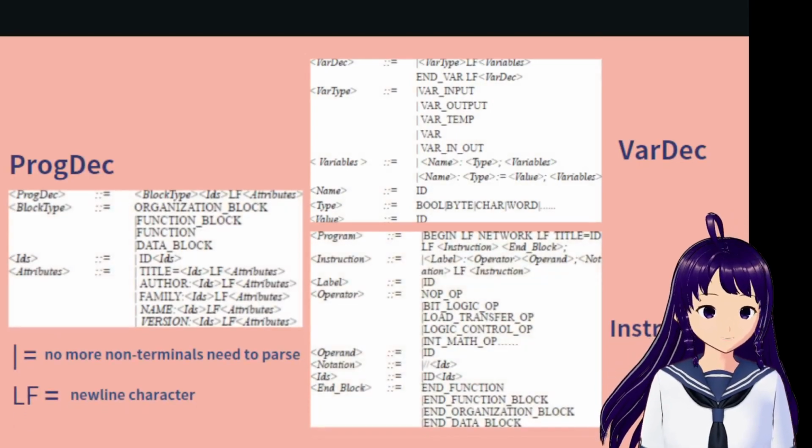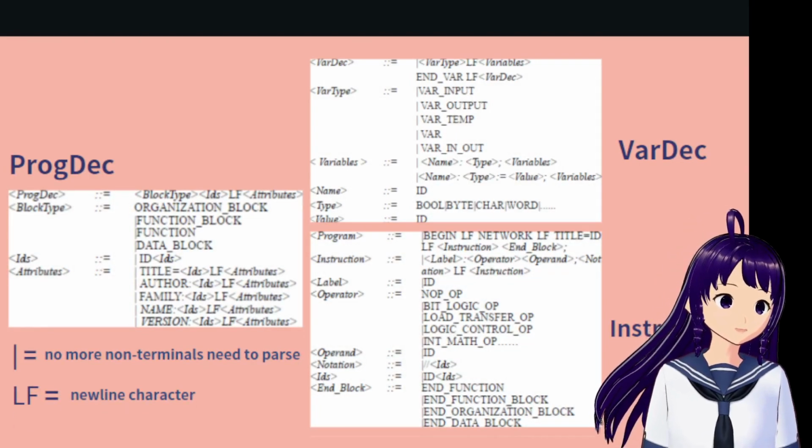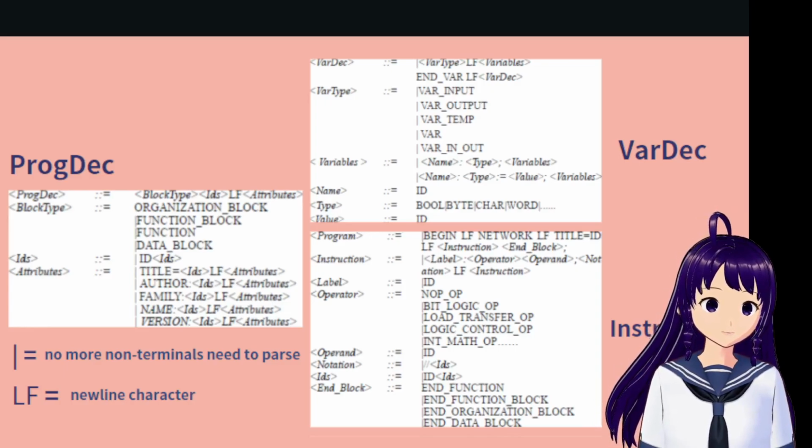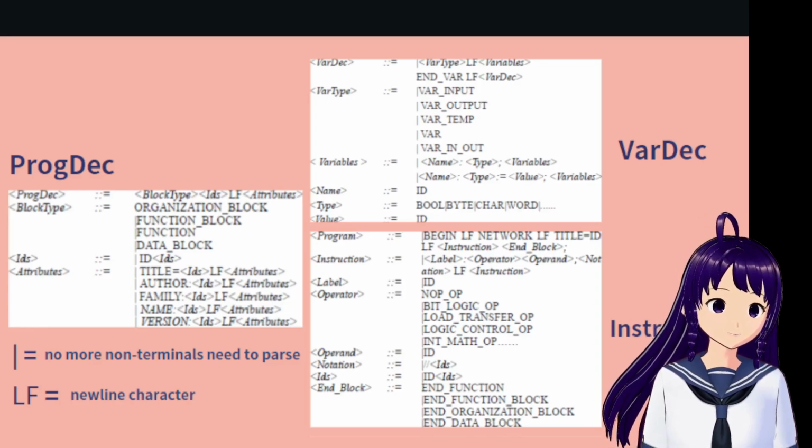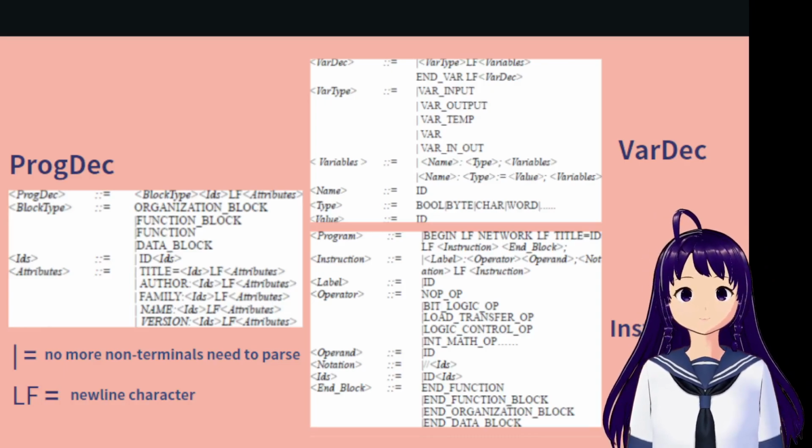And more details as such. The vertical bar means no more non-terminals need to be parsed, and LF means new line characters.